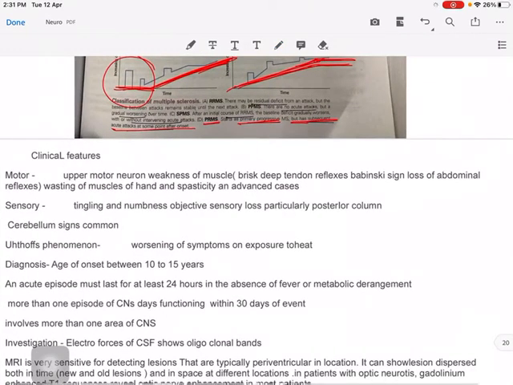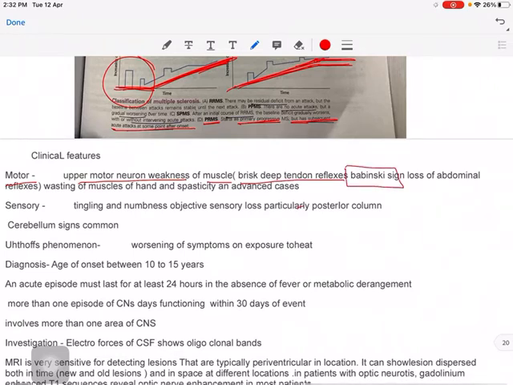Then we have clinical features. Sensory, and upper motor neuron weakness of the muscle. So what does upper motor neuron involvement do? Very brisk tendon reflexes, Babinski sign will be positive, abdominal superficial reflexes will be lost, there will be wasting of muscles of the hand, and spasticity will be there in advanced cases. Then in sensory, there will be tingling and numbness.